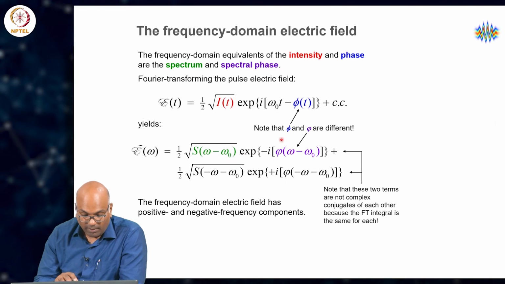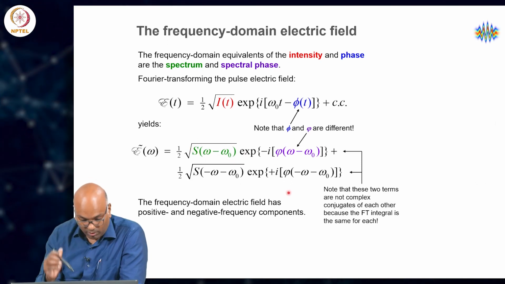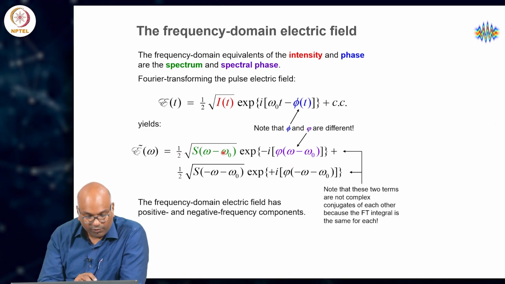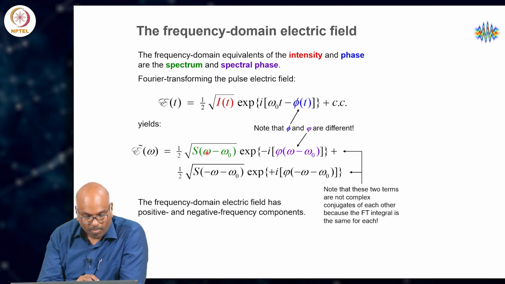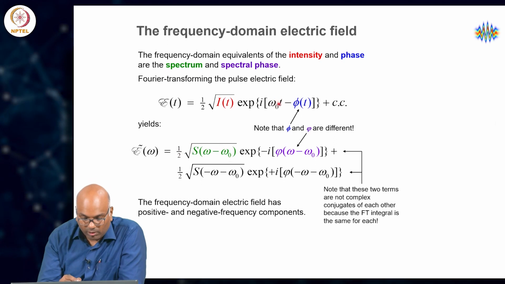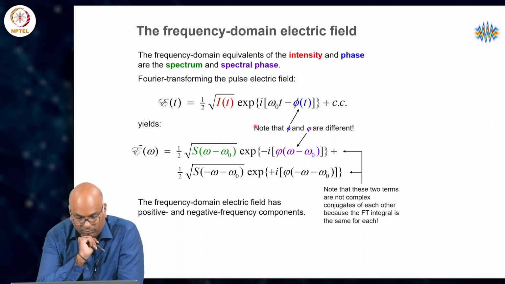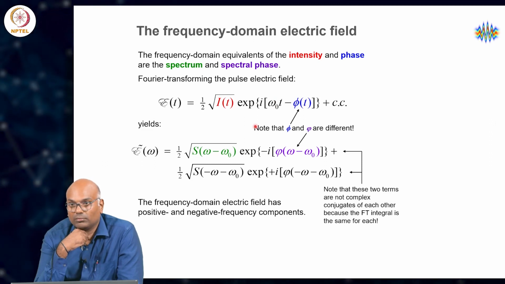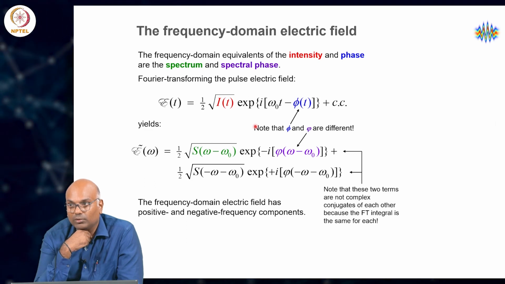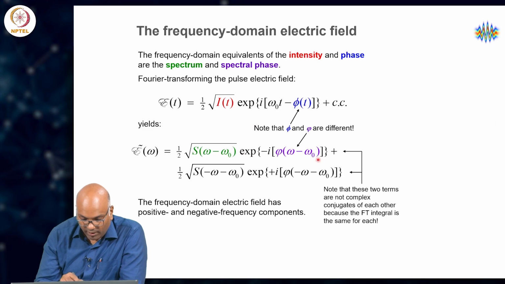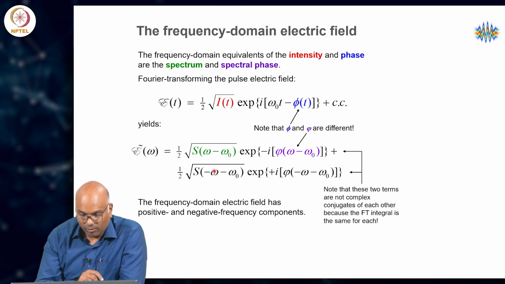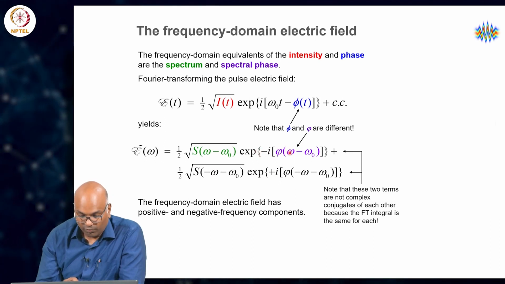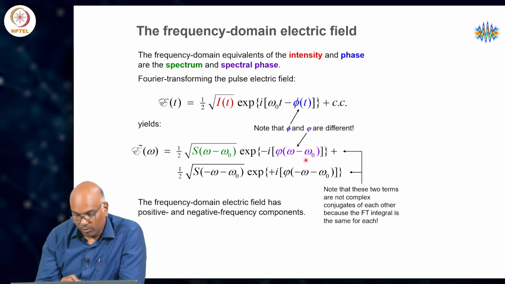The first term is a complex function with the amplitude S of omega minus omega naught, where omega naught is the carrier frequency, and we have the exponential factor also over here, which now has again a phase function, now phi of omega, shifted by the same amount omega naught.